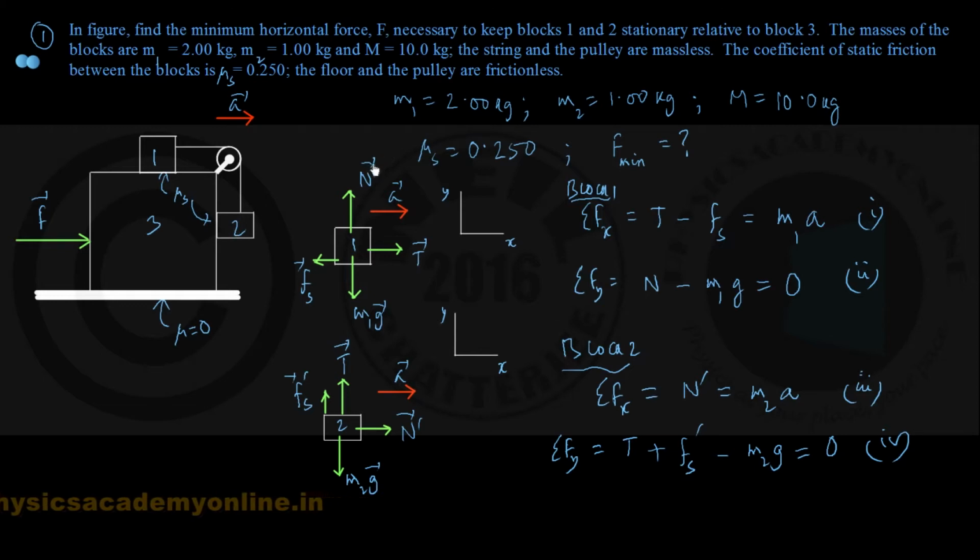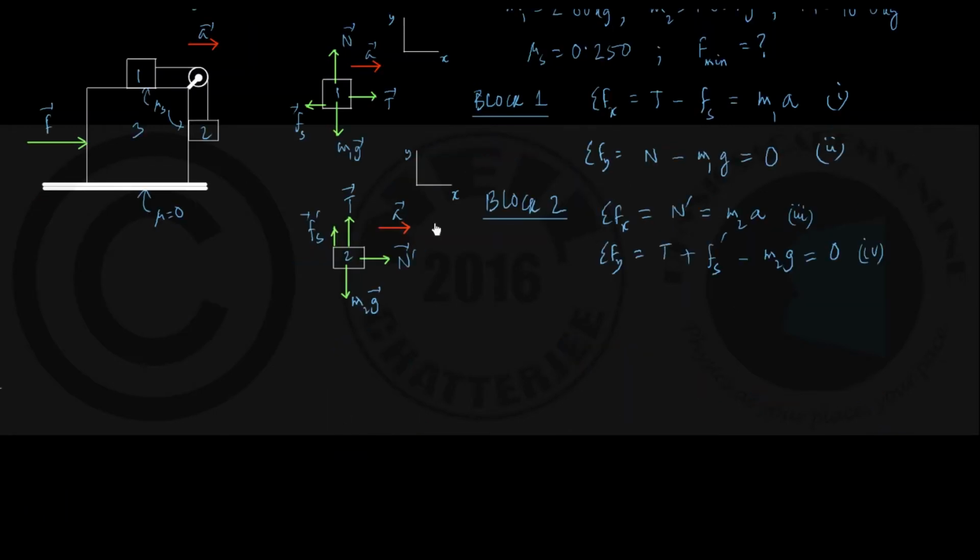Let me rearrange my space a little bit. I want to get some space and keep writing on this page only. So let me write it here, since we are looking for the limiting condition in which the force to be applied has its minimum value.